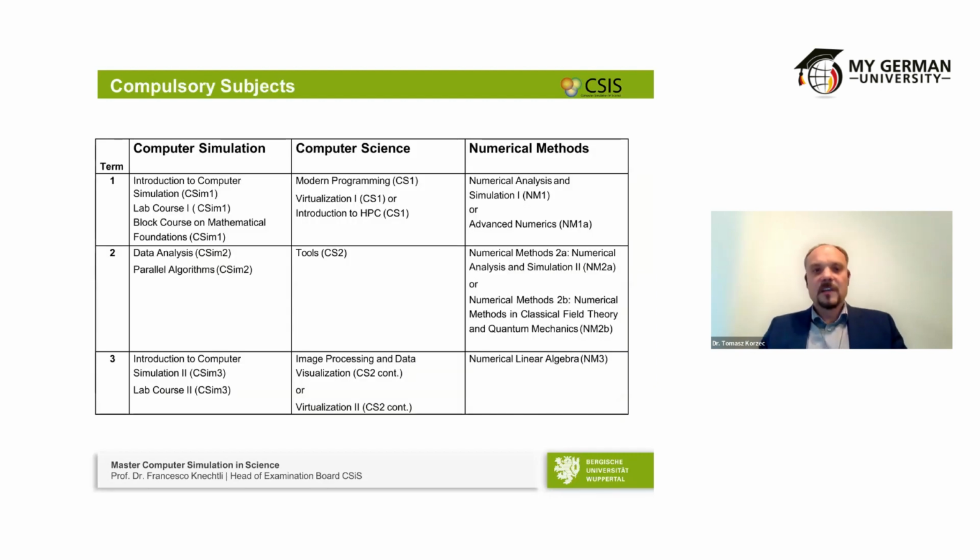In a bit more detail, the computer simulation, it's the computer simulation 1, 2, and 3, and this covers all kinds of topics, how to numerically solve scientific problems. So this starts with numerical integration, numerical differentiation, solving differential equations, ordinary and partial, topics like Monte Carlo methods, neural networks, percolation problems, and so on.